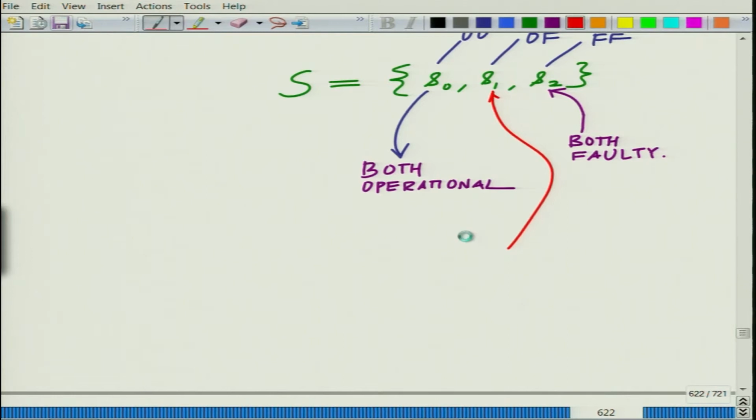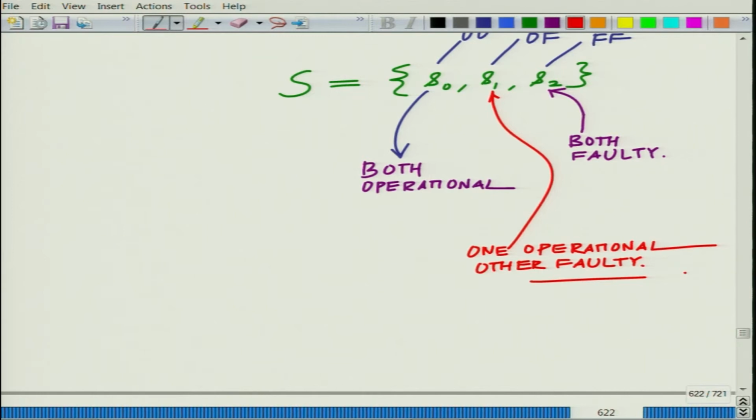This is a state where you have one operational, other faulty. Okay. And therefore you have both operational or both working, S2 is both faulty, one operational, other faulty.